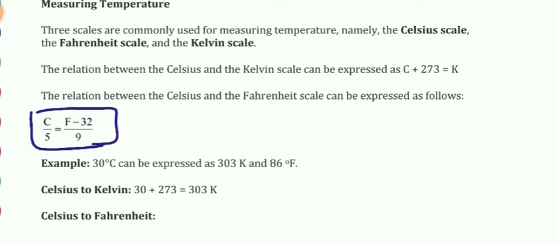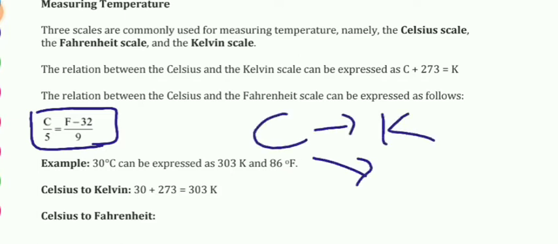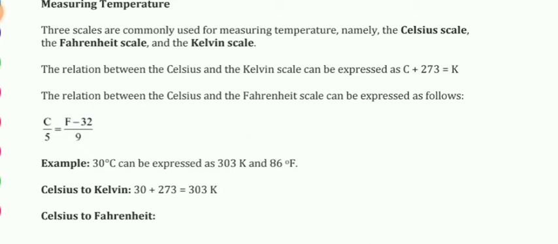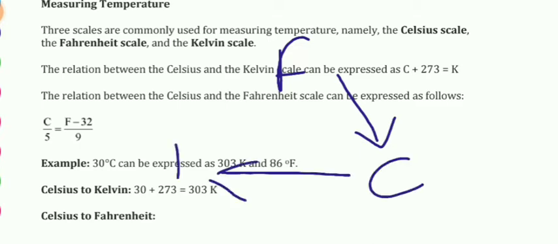If it is given in centigrade, we can convert it into Kelvin as well as Fahrenheit. Means we can convert Fahrenheit to centigrade, centigrade to Kelvin, or Kelvin to Fahrenheit, right? We can interconvert from one scale to another scale.